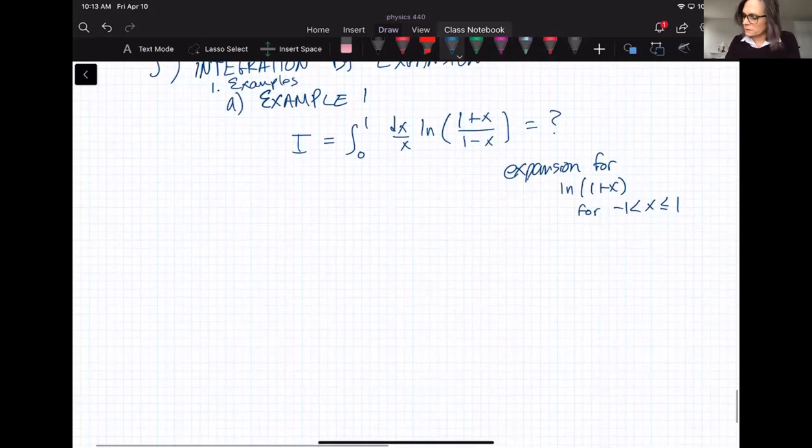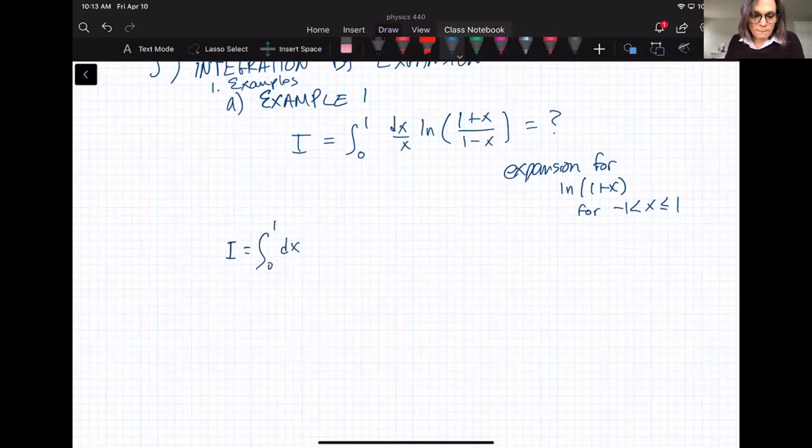So I is equal to the integral from 0 to 1 of dx, and then we have x to the -1, and then we can expand out the natural logarithm of 1 plus x, so that's x minus x squared over 2 plus x cubed over 3 minus x fourth over 4, something we did near the end of last time.